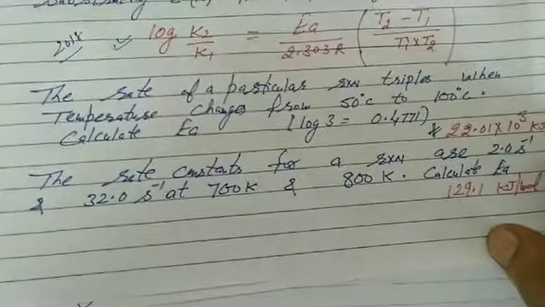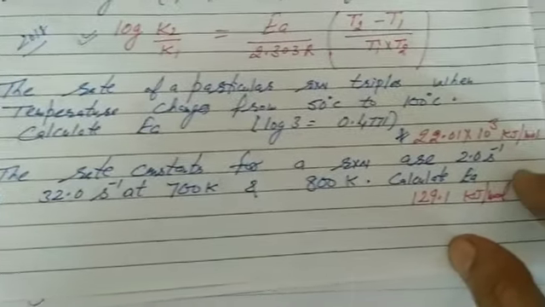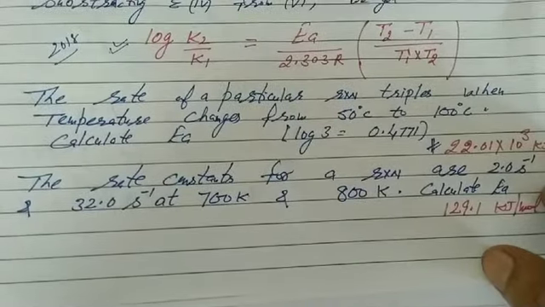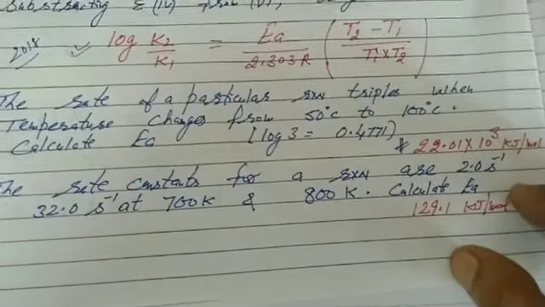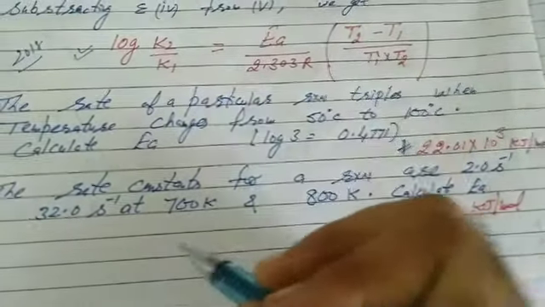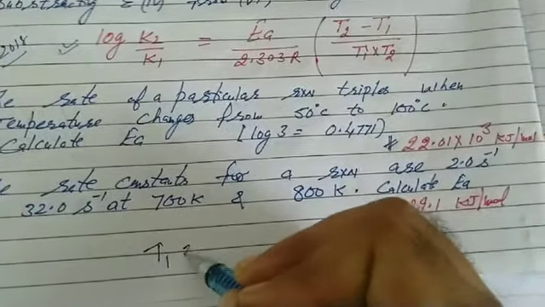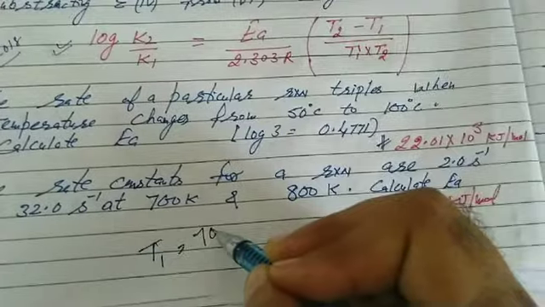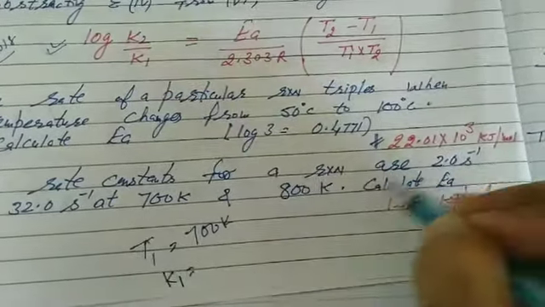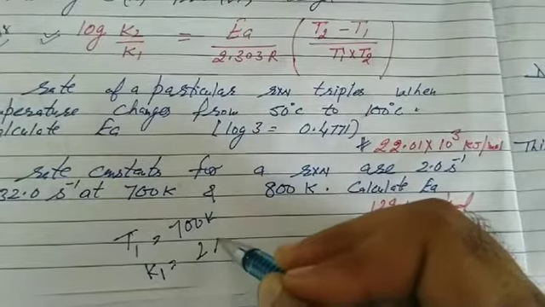Next is: the rate constants for a reaction are 2 second inverse and 32 second inverse at 700 Kelvin and 800 Kelvin. Calculate EA. Friends, T1 is 700 Kelvin. It means the rate constant K1 is equal to 2 second inverse.